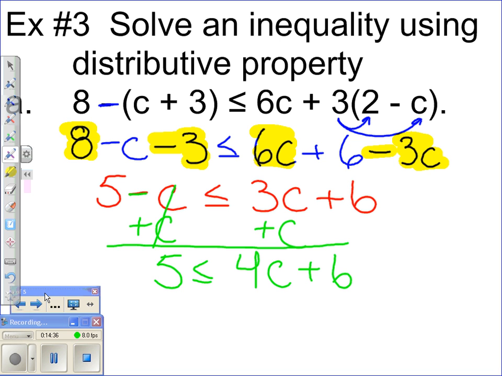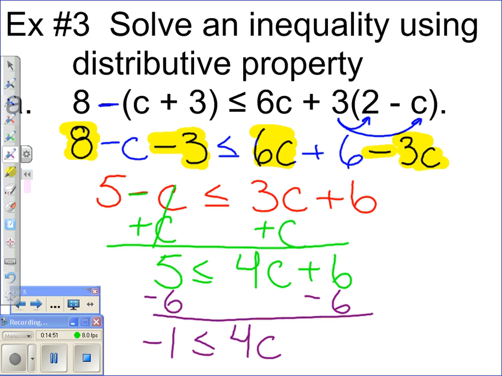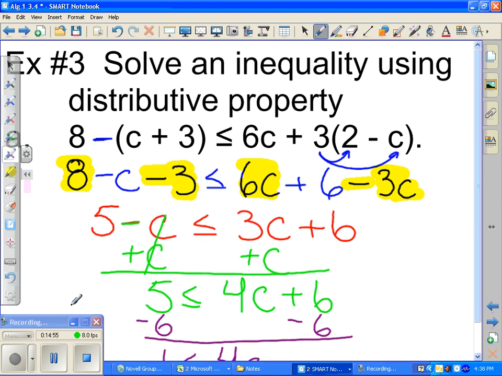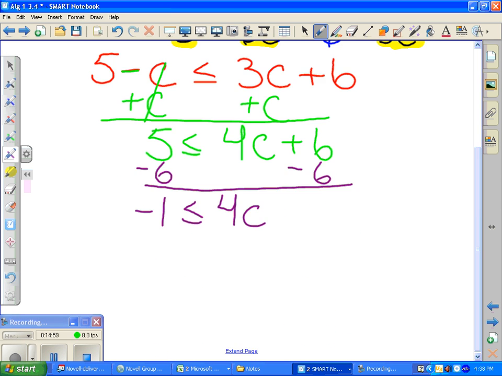And then the constant, right, subtract 6. 5 minus 6 is negative 1, less than or equal to 4c. I'm going to need a little space here. And then, that's right, divide by 4. Now, you don't actually have to divide by 4.